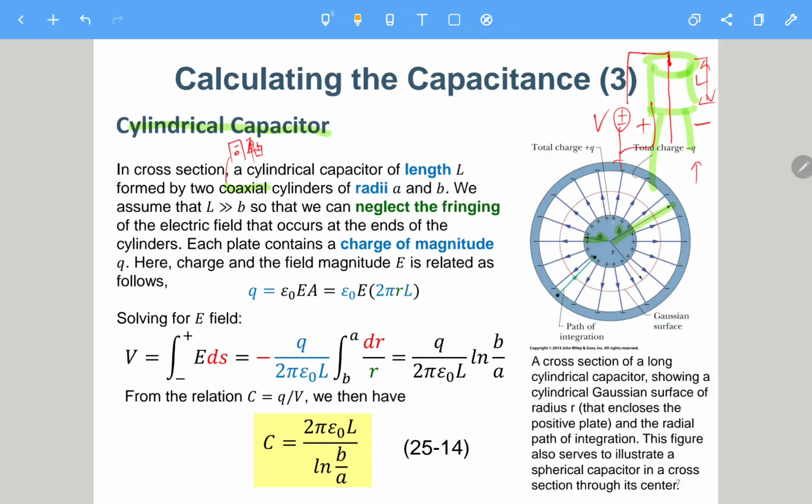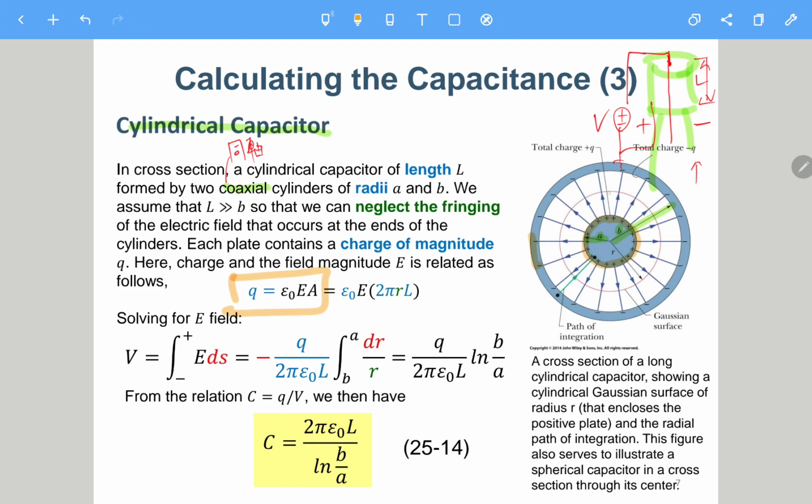You can see here we have positive charge, and for the outer one we have negative charge with the same amount Q. Here the charge and the field magnitude E are related as follows. This one is still the Gauss law.